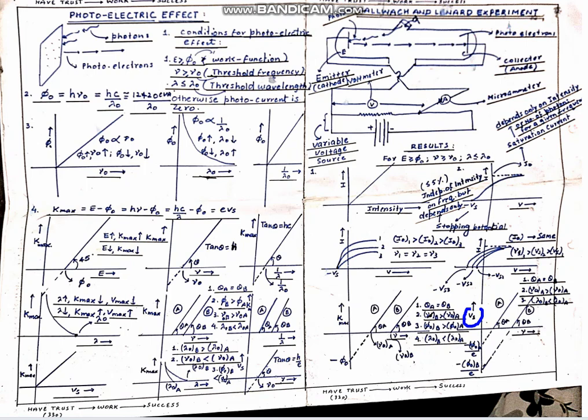Same means the angles will be the same. Threshold frequency for case B will be greater than that of case A, and threshold wavelength will be less than that of A. So both graphs will have the same analysis patterns, and this is the analysis of the graphs related to the Hallwachs and Lenard experiment.